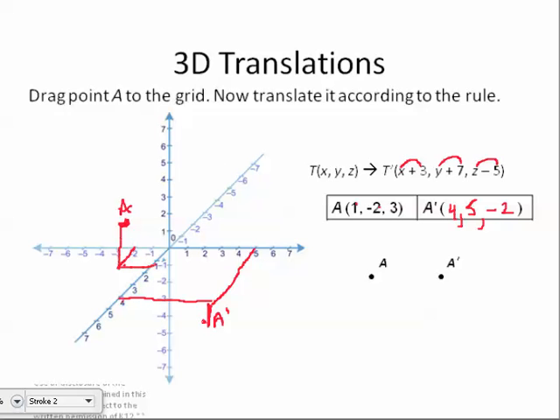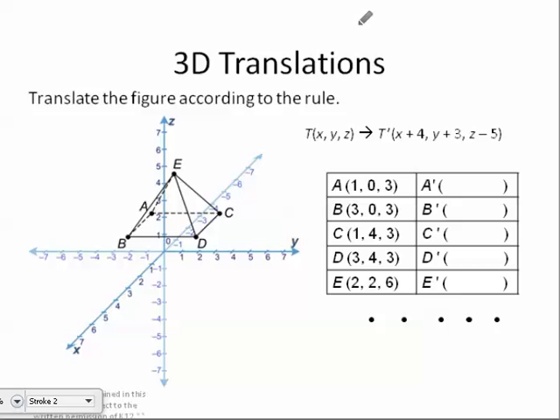So let's look at this pyramid. If we wanted to translate this pyramid 4 units to the right, 3 units in the y direction, and 5 units down, I would simply add those values onto the x, y, and z.